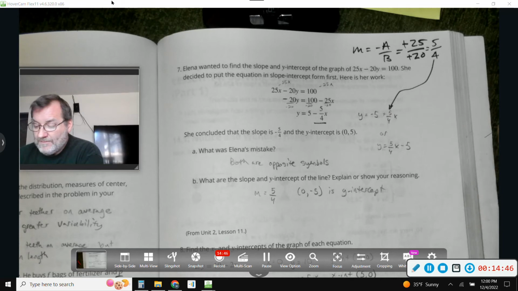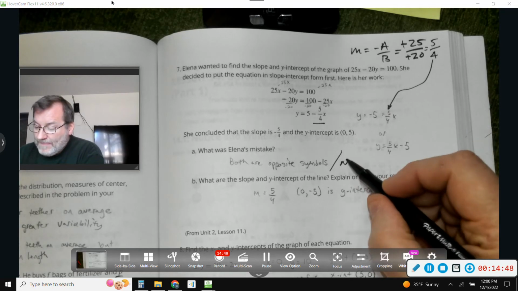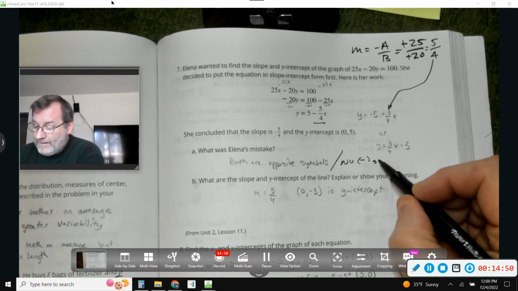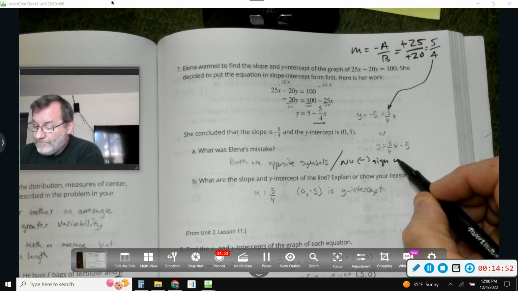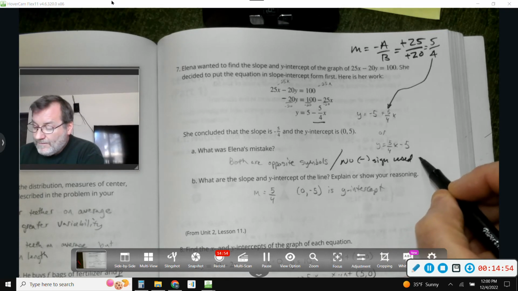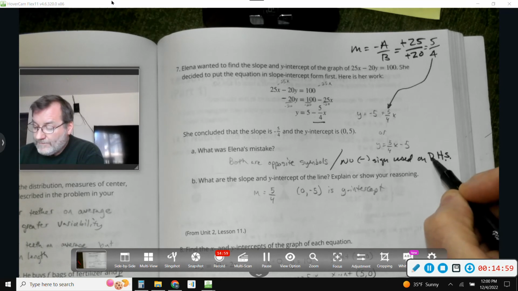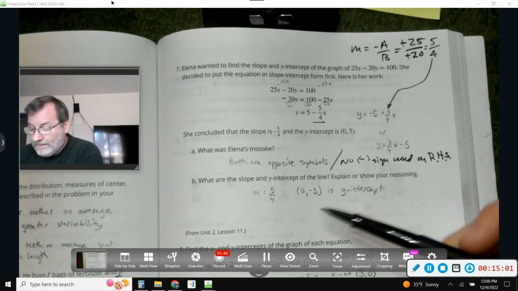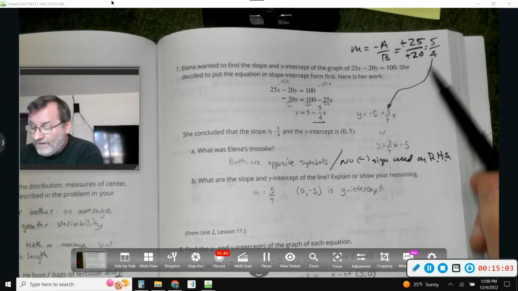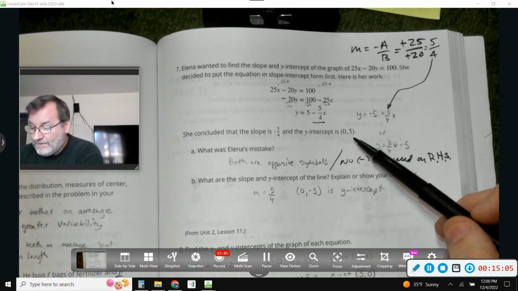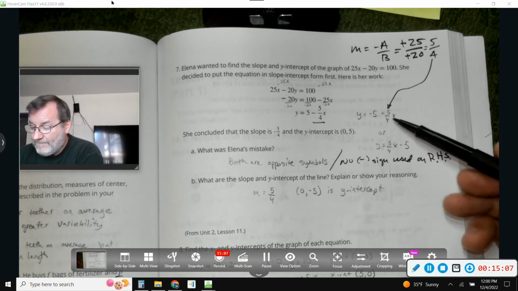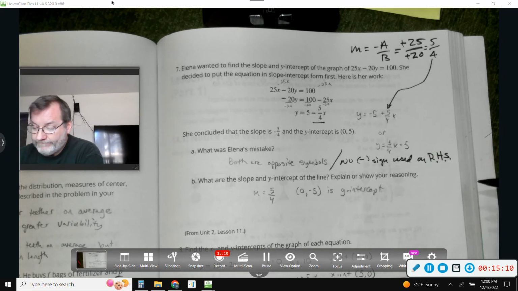She dropped a minus sign on the right-hand side. So that's where she messed up. What's the slope? 5/2. What's the intercept? 0, -5. And we did the math on that one.